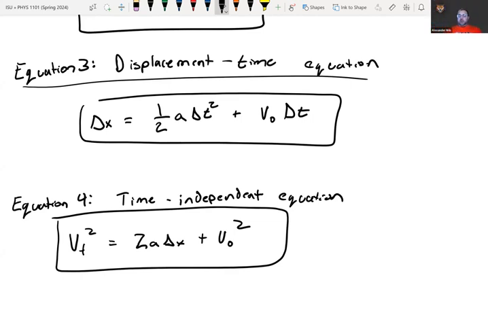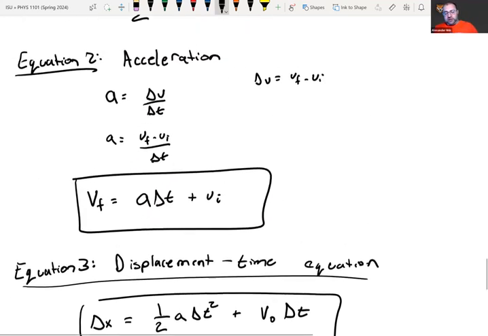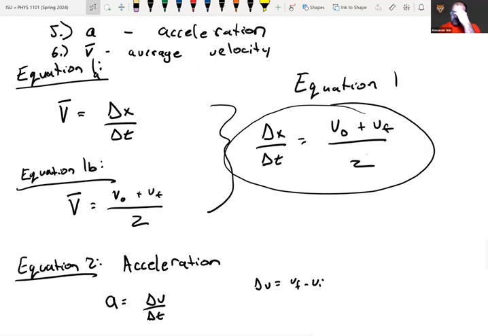The idea here is that all of these equations are tools for a given job. You'll notice there are 4 quantities in each one of these equations. Really, it's 5 quantities because we got rid of average velocity by combining the first 2 equations.